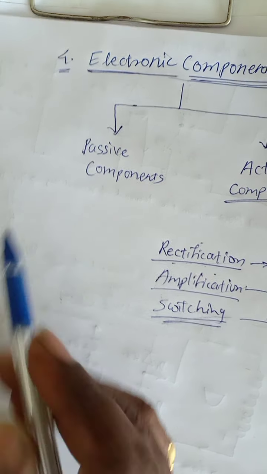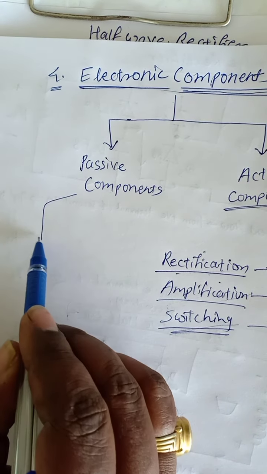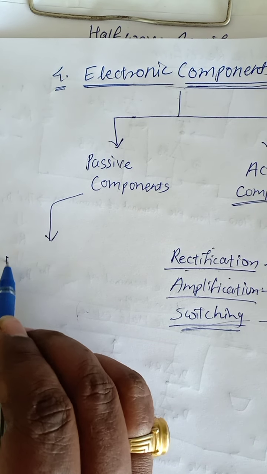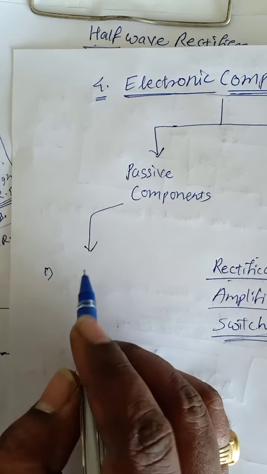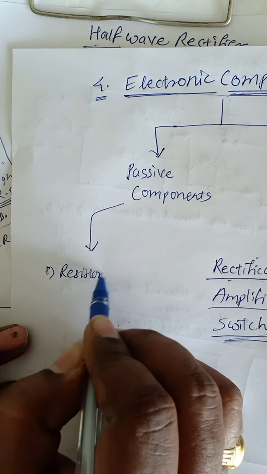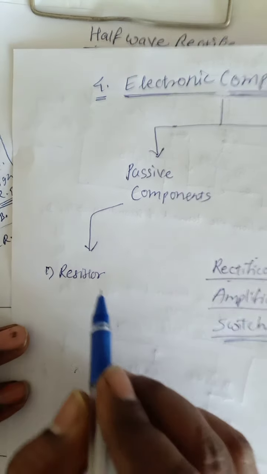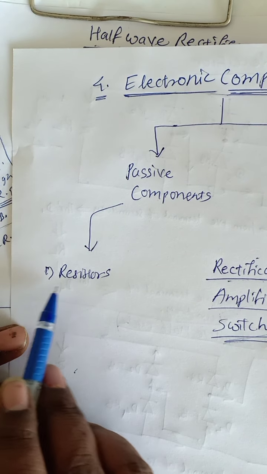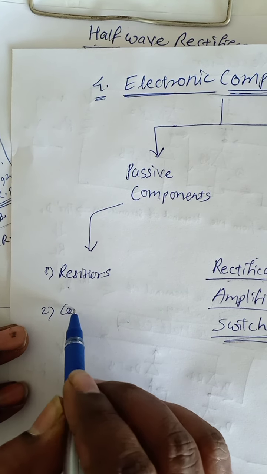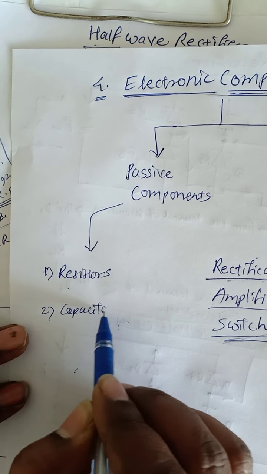There are different types of passive components, not too many, but only three. First one is the resistor. This is the first passive component. Second one is the capacitor.